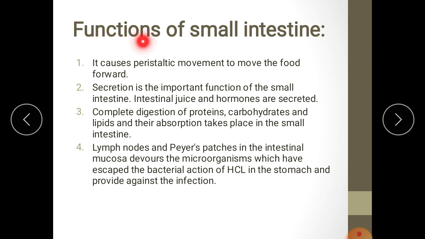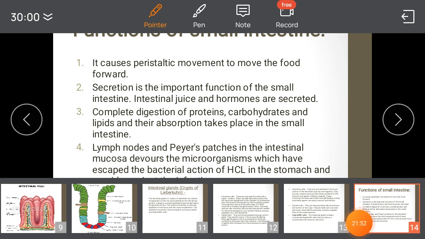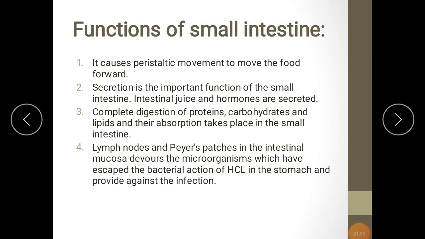Coming to talk about the functions of the small intestine. Number one, it causes peristaltic movement to move the food forward, meaning downward. Can you see? Peristaltic movement of the gut is caused by the contraction and relaxation of the muscles present in the muscularis externa.